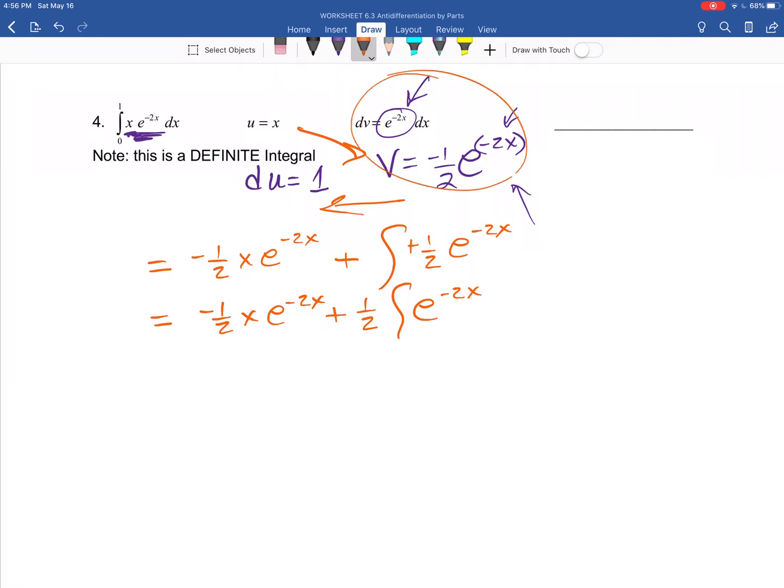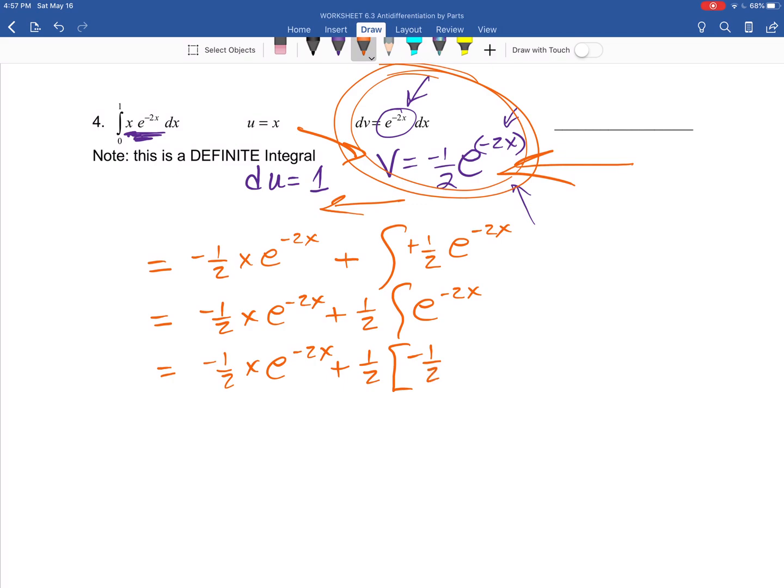Look, we already did that. The antiderivative, I'm just rewriting this down. The antiderivative of e to the negative 2x is right there. It's negative 1/2 e to the negative 2x.